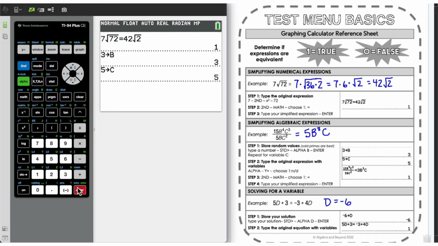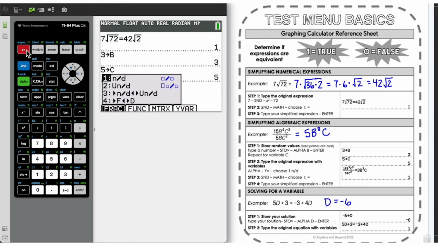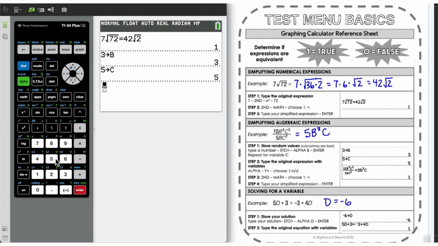Now, if I type in my expression, I'm going to type it in as a fraction. So I have 15, I'm typing the original algebraic expression in, and C cubed, alpha C cubed, and my denominator is 5bc squared.